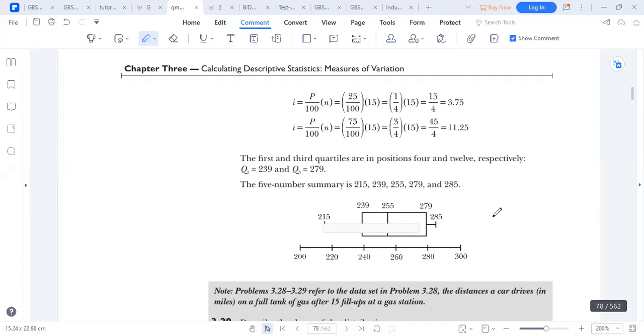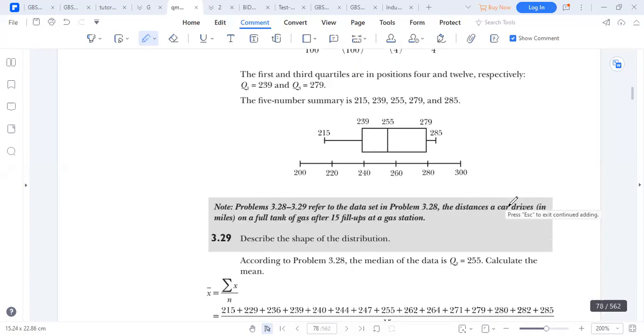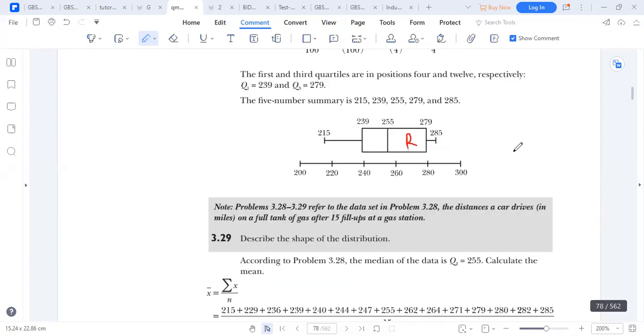From here, you're able to tell whether the distribution is skewed to the left or to the right. There's a bigger gap there, so I can say it's skewed to the right. But you could still calculate your mean. If the mean is more than the median, you say skewed to the right. That is the safest way.